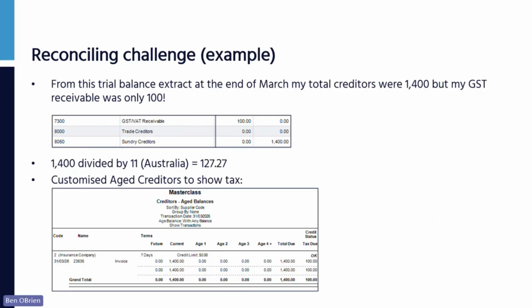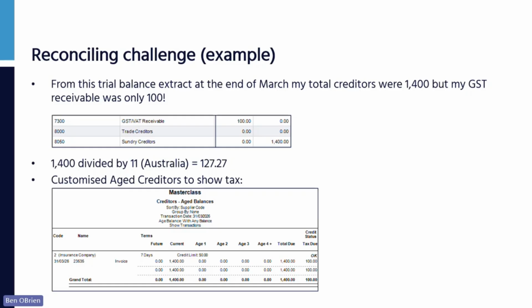Okie dokie. So just having a look at one of the challenges in reconciling. We used the example previously of our insurance invoice. So I've just got a little trial balance extract here. It's saying that my current balance of my sundry creditors is 1,400, but my GST receivable is only 100.